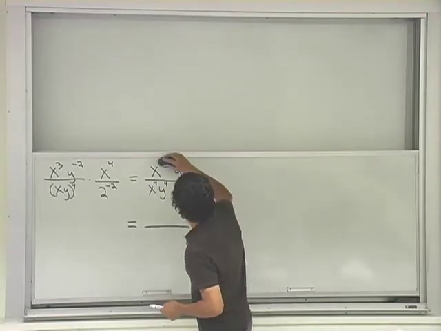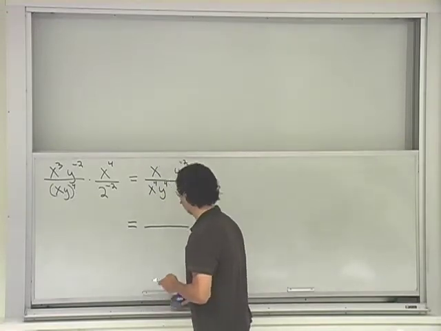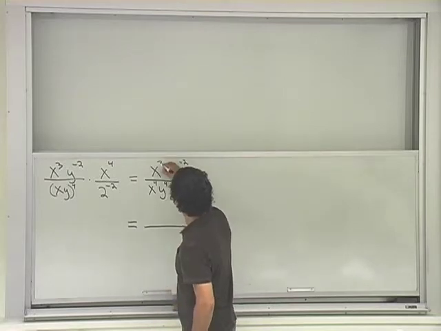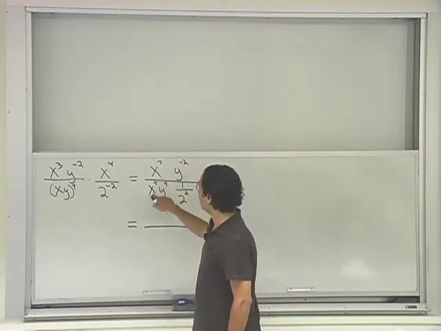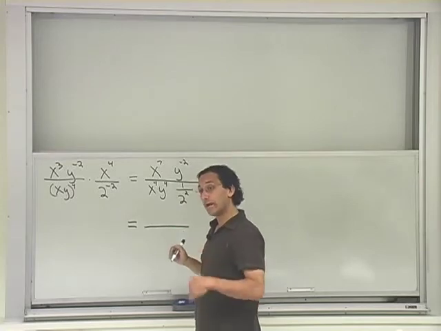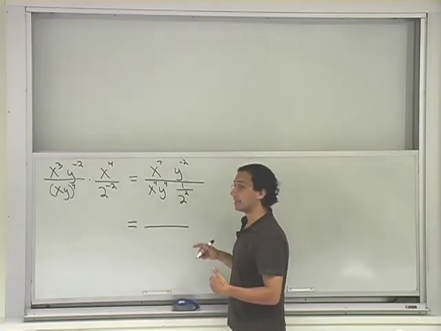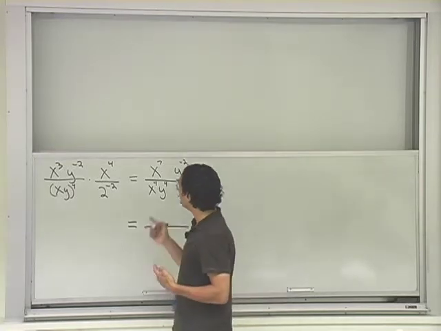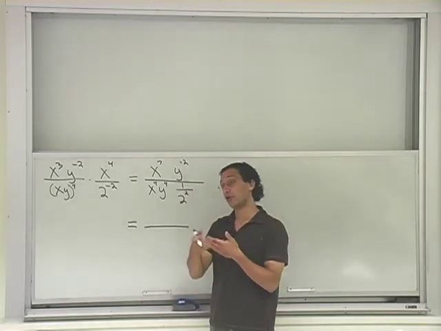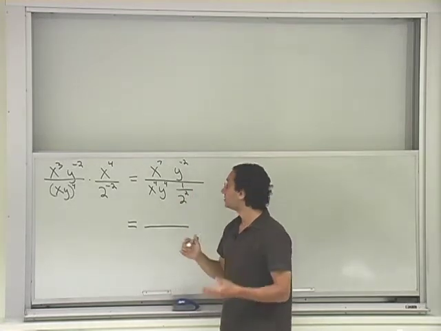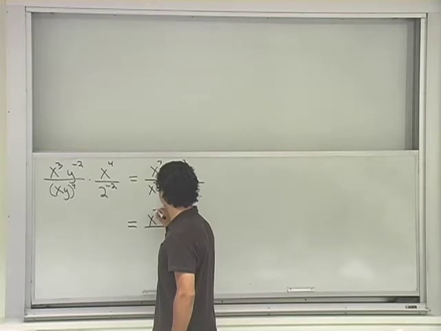Let me change that. Since we have the same bases, we can subtract the exponents to get x to the third. Well, x to the third is the same thing as x to the third over 1, so x to the third will go on top.